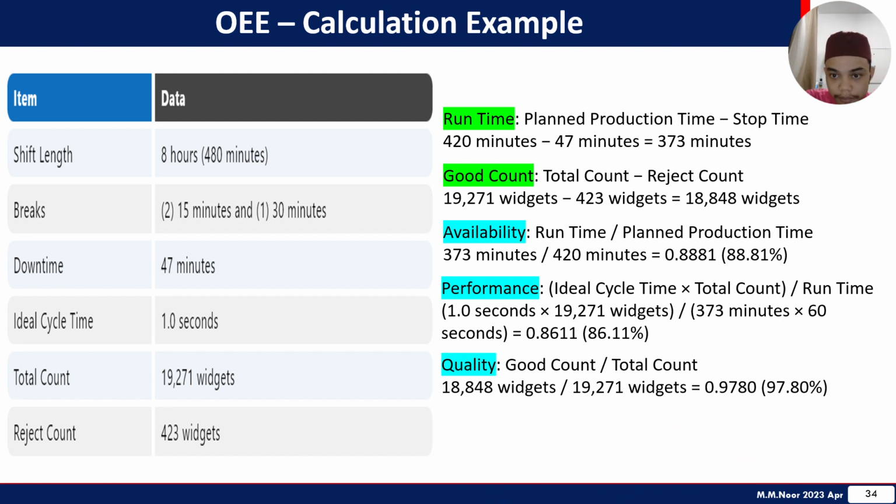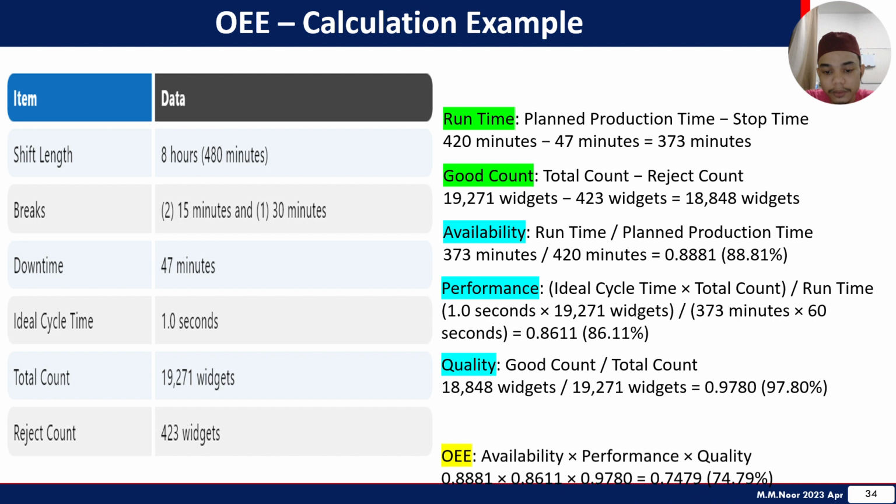Quality is good count divided by total count. Good count means this one, divided by total count, this.